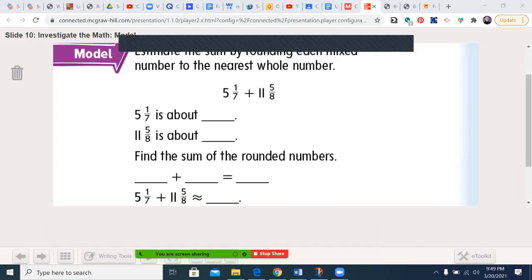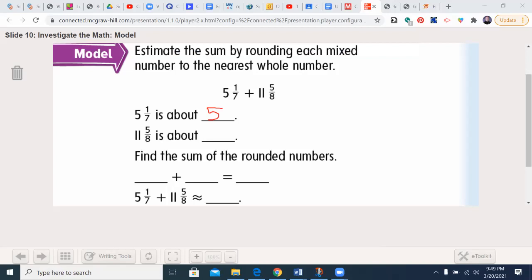And then my next part is to look here, 1/7. I recommend that you take the denominator and then you look at the numerator. If the numerator is more than half of the denominator, then you round up and it becomes a 6. But 1 is less than half of 7, so it'll stay at 5. 11 5/8.